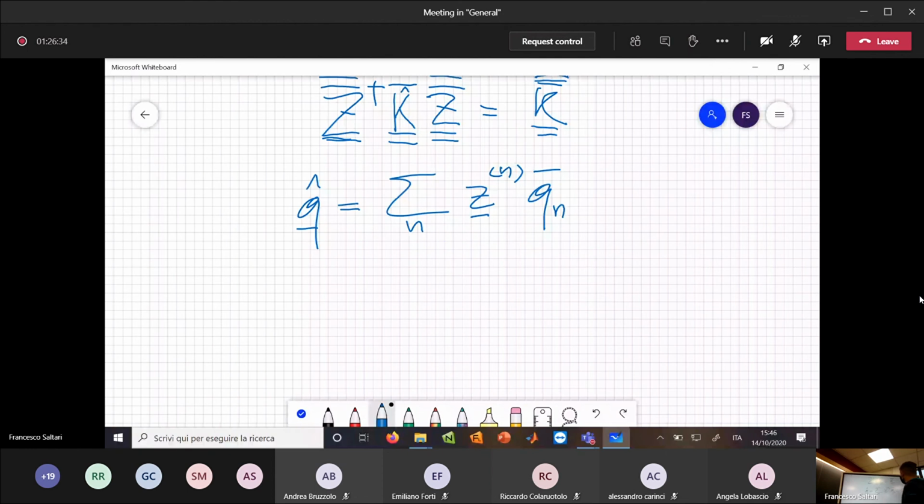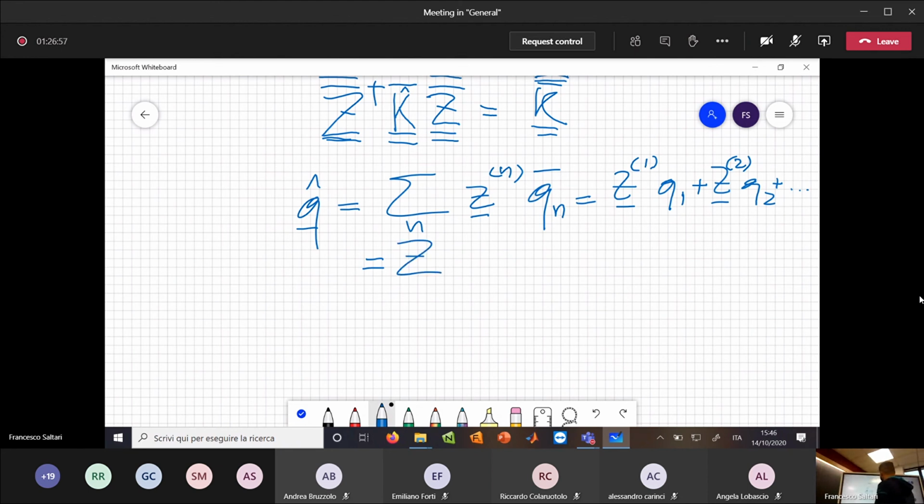This means that q is the sum of zeta 1 multiplied by q1 plus zeta 2 multiplied by q2 plus and so on. This can be recast by means of the matrix of eigenvectors multiplied by modal q.